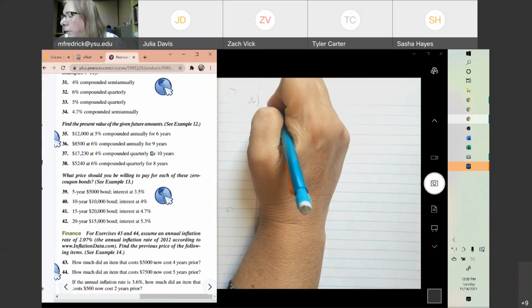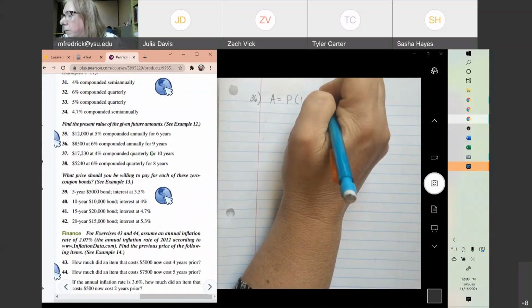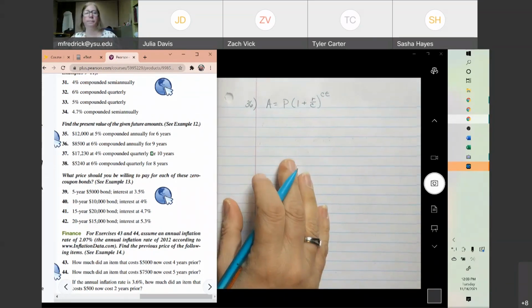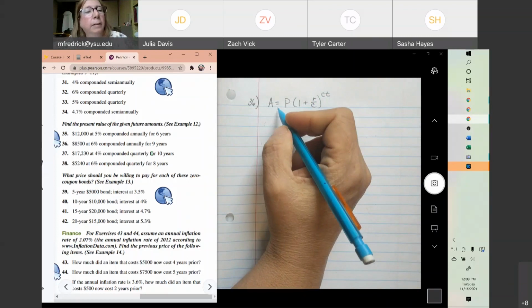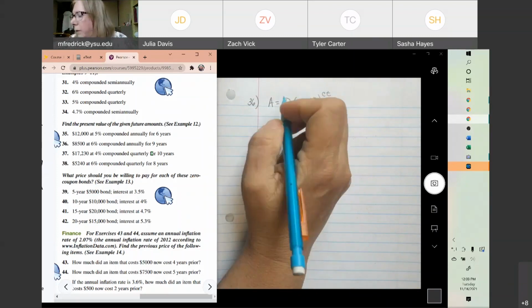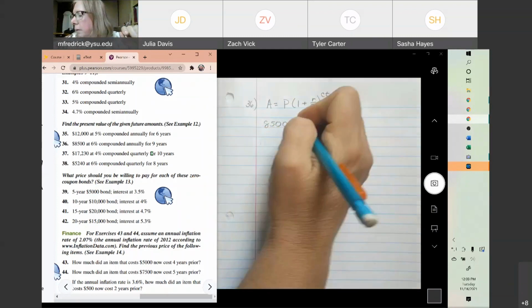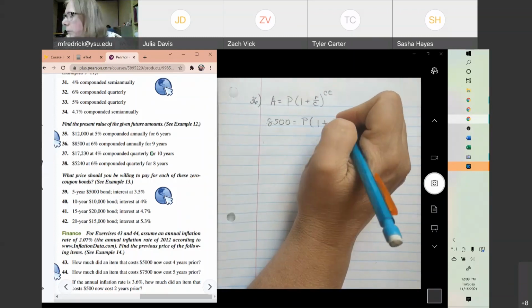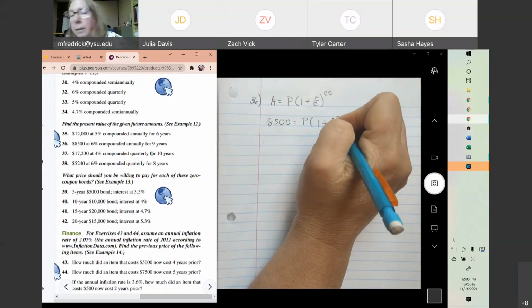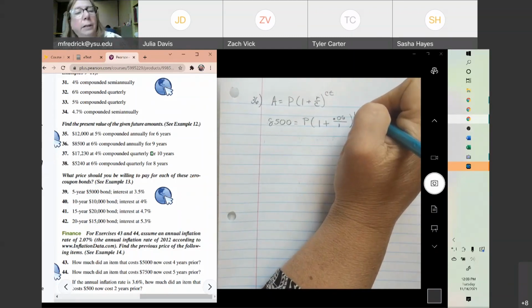So it's compounded annually, that means you're using the compounded one. We're looking for present value, we're given A, so 8,500 is the A. R is our rate as a decimal, 6% would be 0.06. C is the number of times it's compounded annually would be 1. And it's for 9 years.